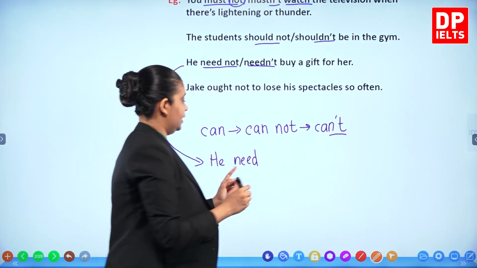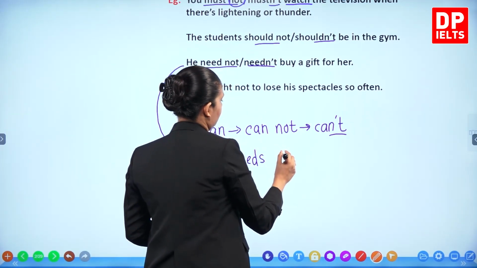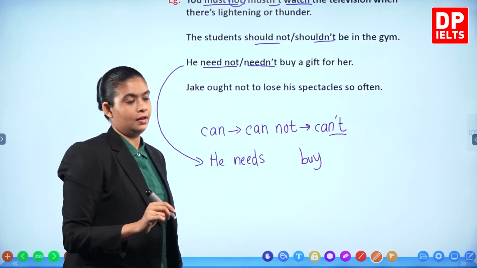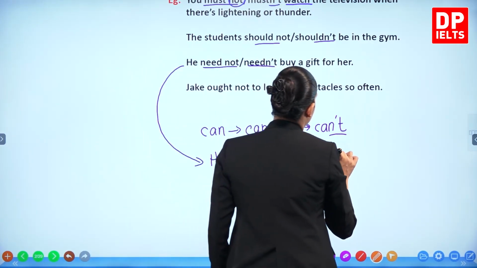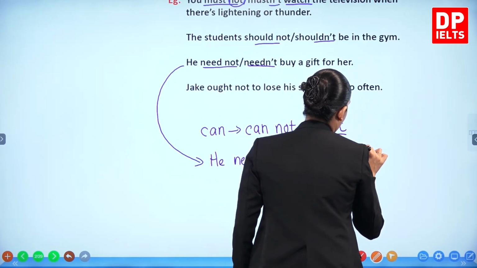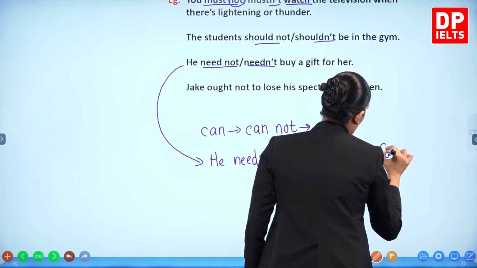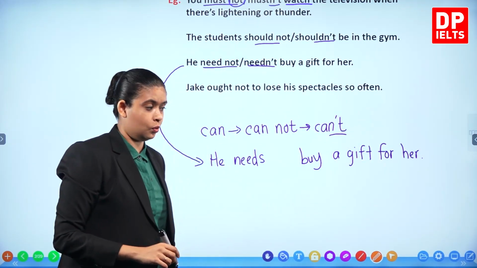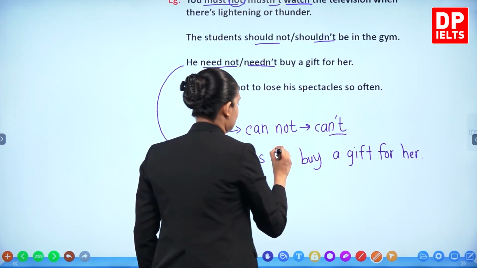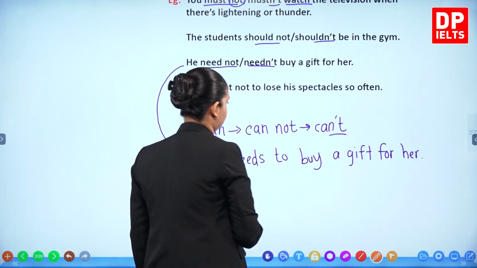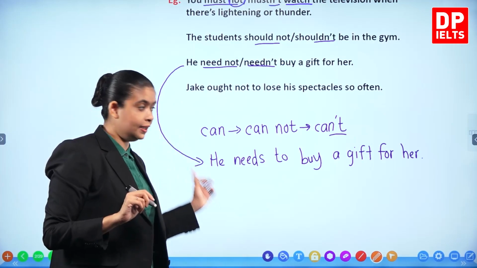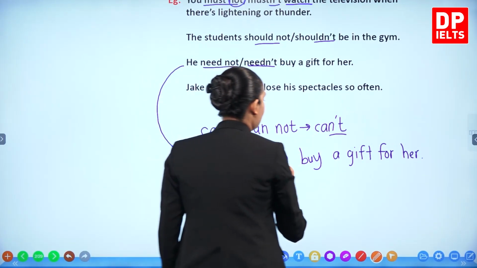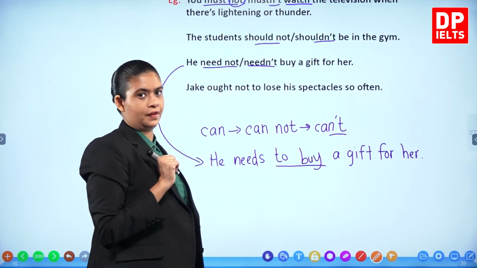No, we have to say he needs. Can we just say he needs buy a gift for her? No, the to is missing there. He needs to buy a gift for her. So the to is there before the verb.